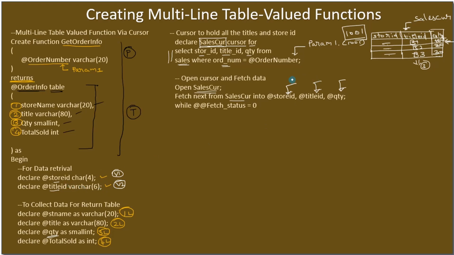Store ID V1, we are filling that. Title ID, we are filling that, V2. Then the sales table itself contains quantity, so we are filling that also. So these are all the variables we declared for the output table. In the output table, now we have data for quantity here itself.